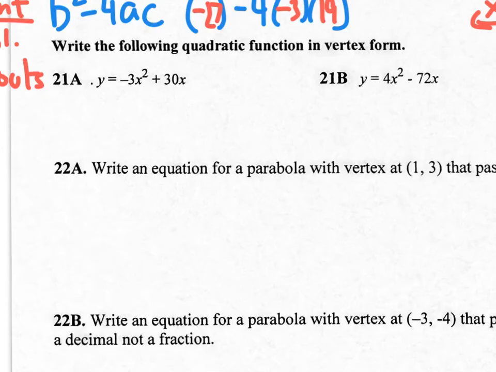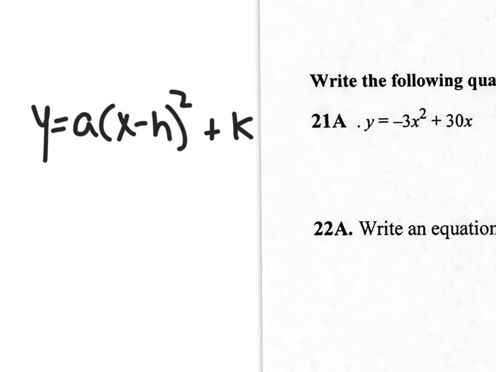Jumping to number 21. Writing it in vertex form. Well, you could complete the square to write your function in vertex form, or you could simply find your vertex, because vertex form is y equals a parentheses x minus h squared plus k. Now, all you really need to write something in vertex form is your a value, your h value, and your k value.